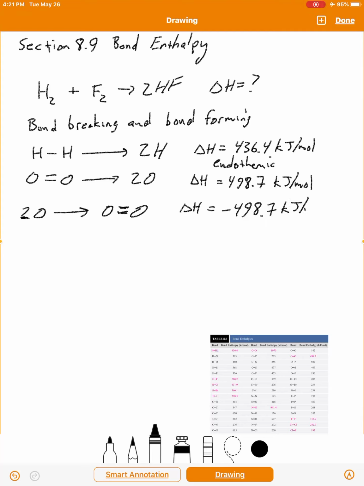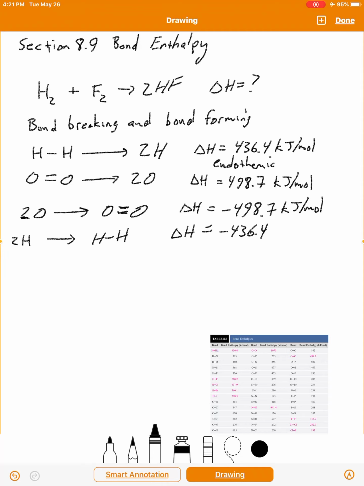498.7 kilojoules per mole. You remember from Hess's law, if you reverse an equation, you change the sign of the enthalpy change. The same is true for bond enthalpy. And if we wanted to form a hydrogen molecule from two hydrogen atoms, we would just take our bond enthalpy and change the sign.